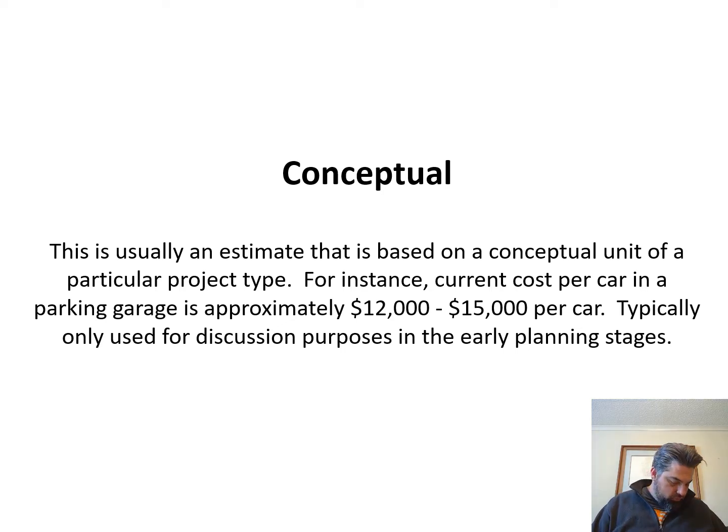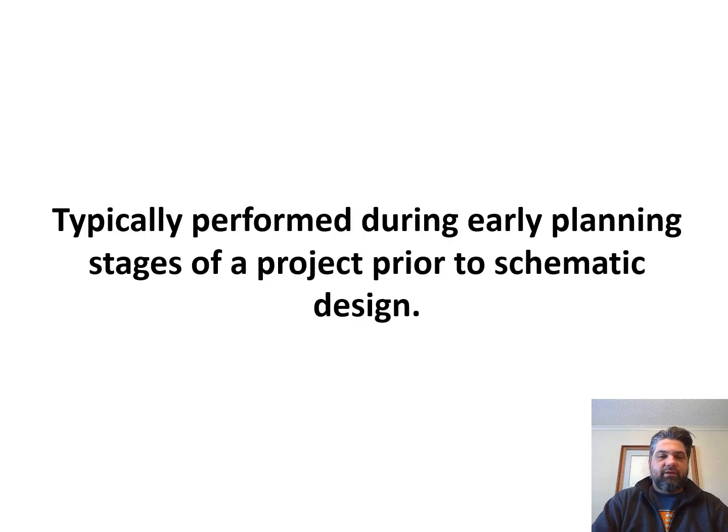That's just the rule of thumb right now. So if somebody says, I want to do a 100 space parking garage, you say, that's probably going to be about 1.5 million, by the time you factor in everything else. So conceptually, you can manage that.